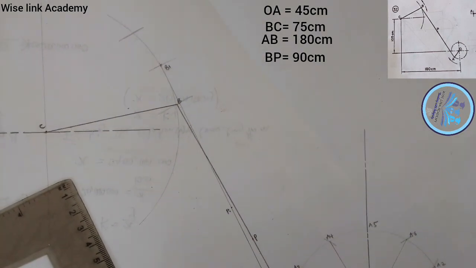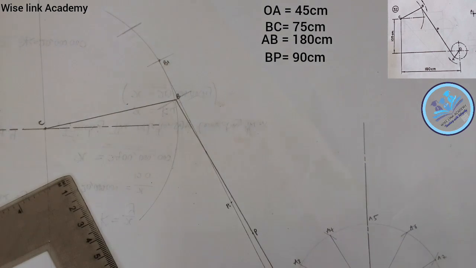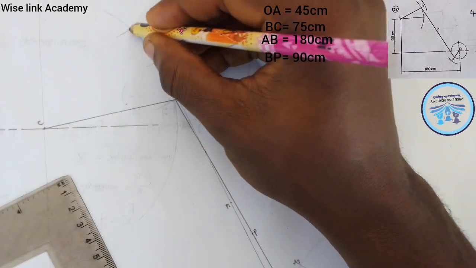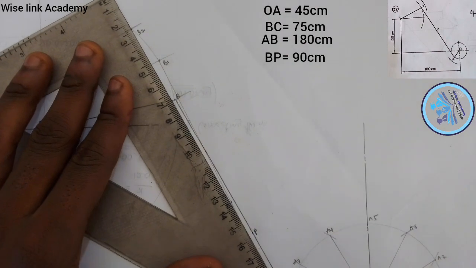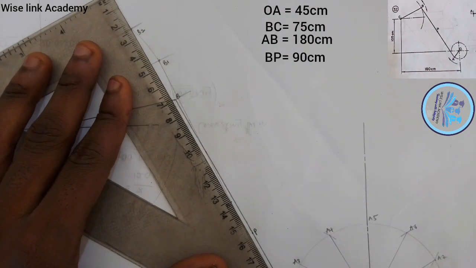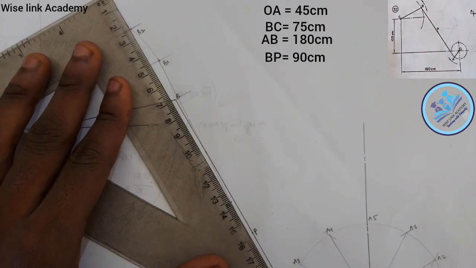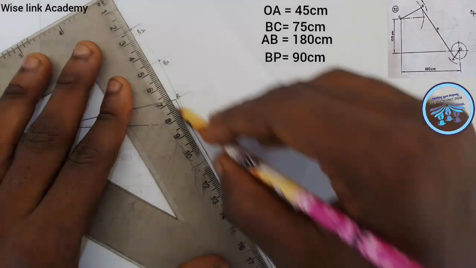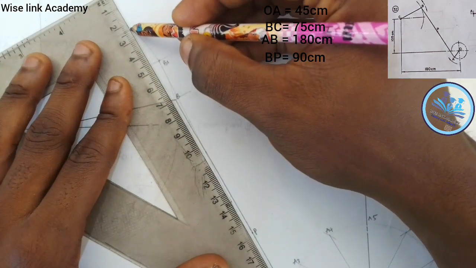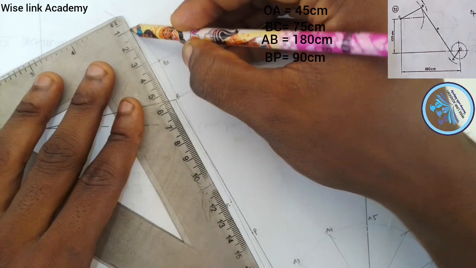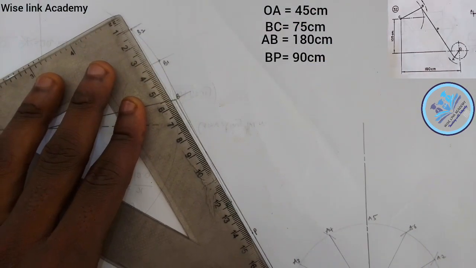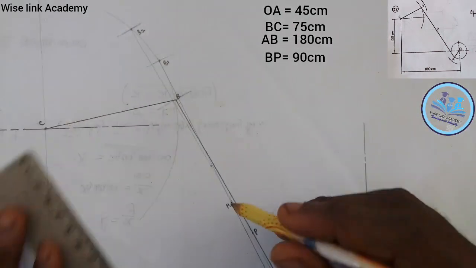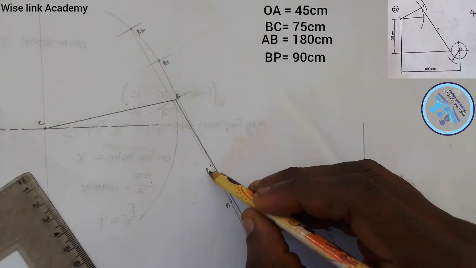Where it touches that point here is my B2. I will connect my B2 to my A2 this way with a faint line. Connecting it this way, we'll be having this. Similarly, just take it from this point here and measure out your 90. This is my point 90 touching here. So here is my P2.